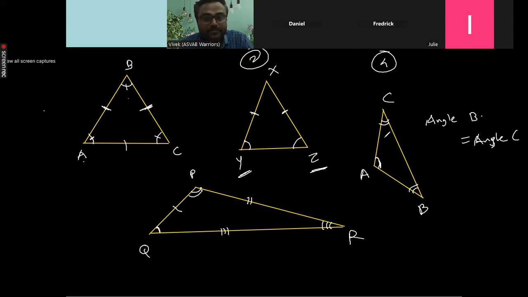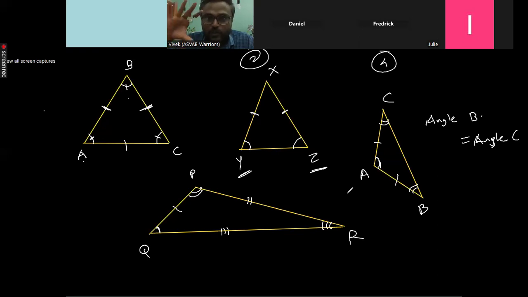And if these two angles are equal, the sides opposite to them are also equal. I hope you understood the symbols for understanding the lengths and dimensions of a triangle.